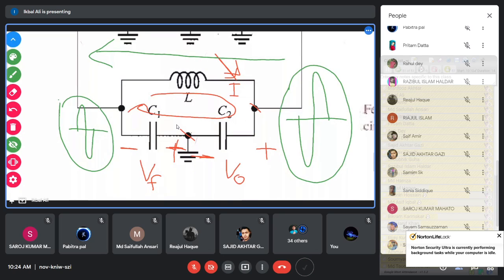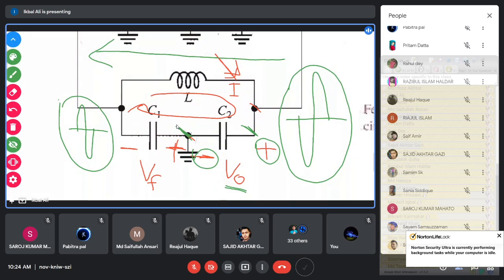How is this happening? Take a closer look at the voltage polarities across C2 and C1. Across C2 you have the output voltage, and the polarity is plus on this side and minus on this side. So with respect to the ground, the output voltage is plus. Now what is the feedback voltage?